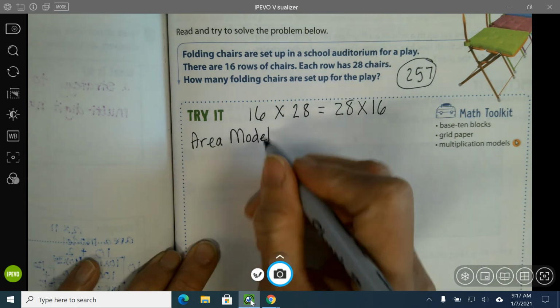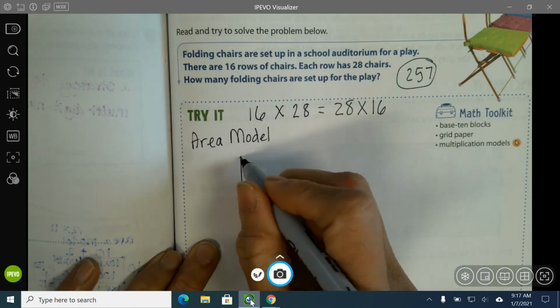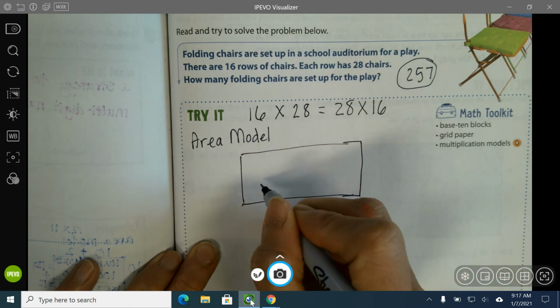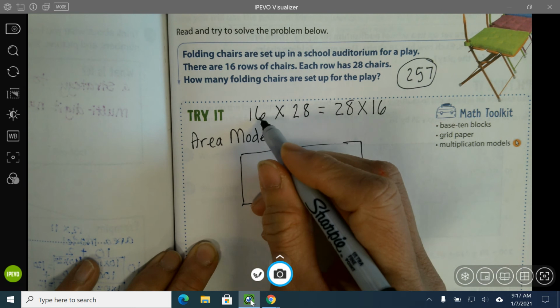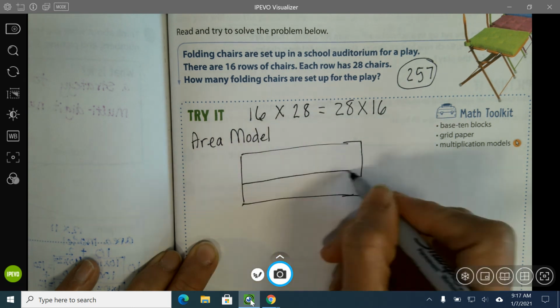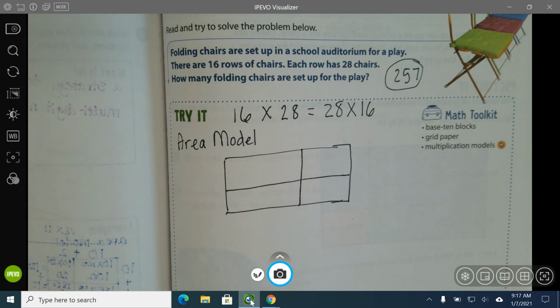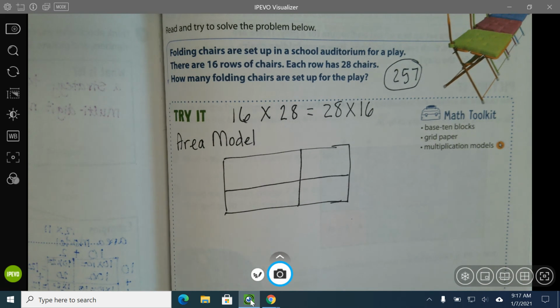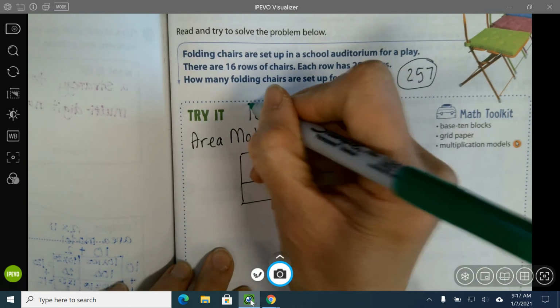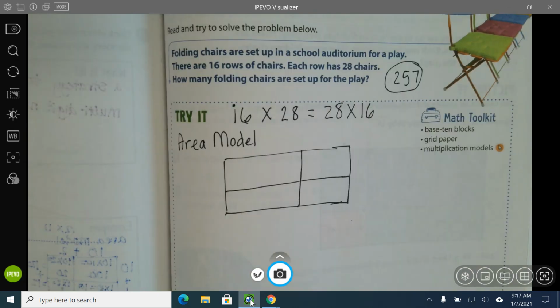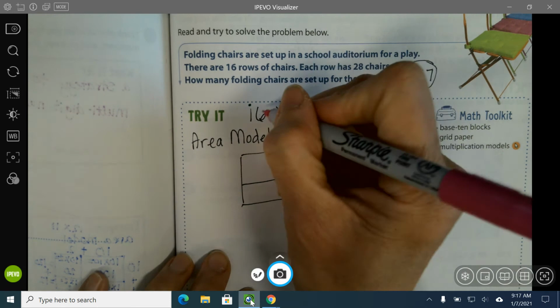All right, so the first thing I'm going to do is draw a rectangular box, and I know that there are 4 boxes. The first one, I am going to break the 16 into 10 and 6, the base 10 and 6.